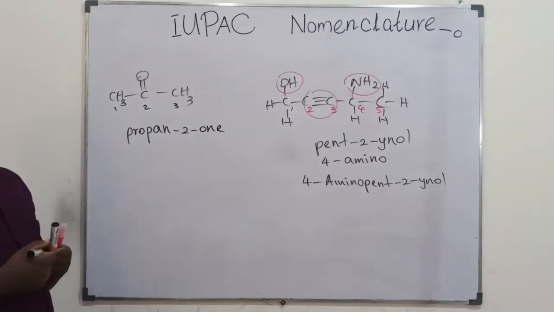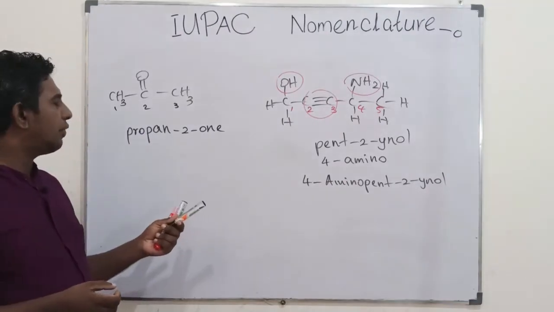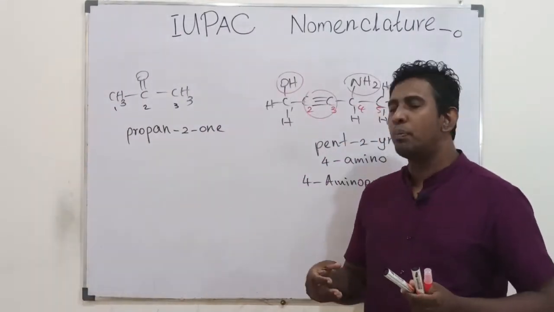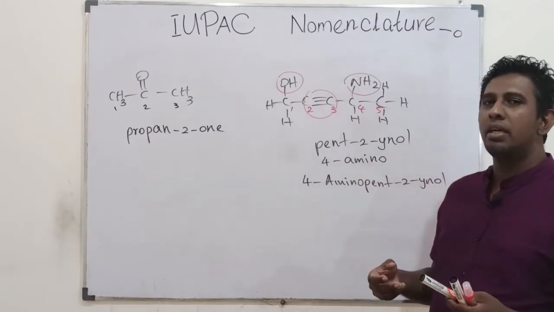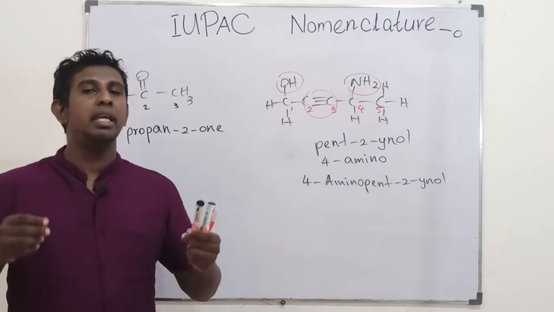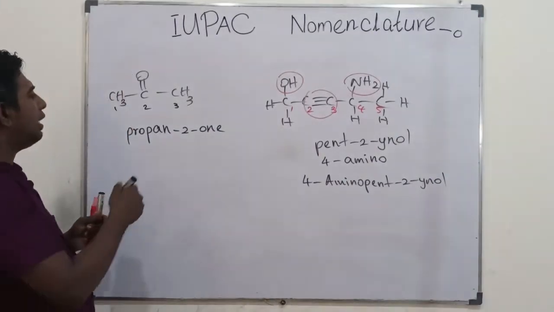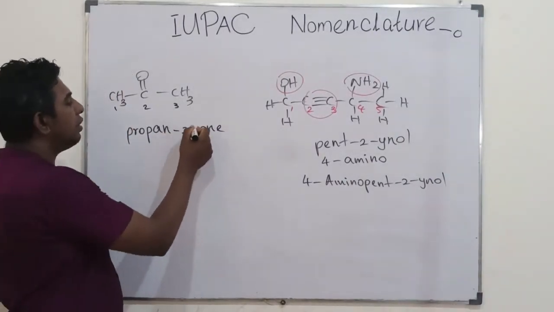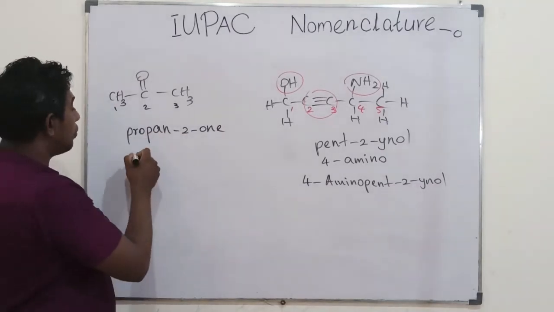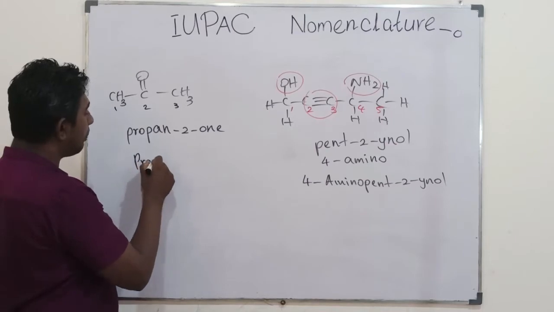But students, the simplest ketone is this. When it is propanone, the second carbon is the only position that you could have the ketone group. Therefore, it's not compulsory to mention the 2 at this moment. So it is propanone.